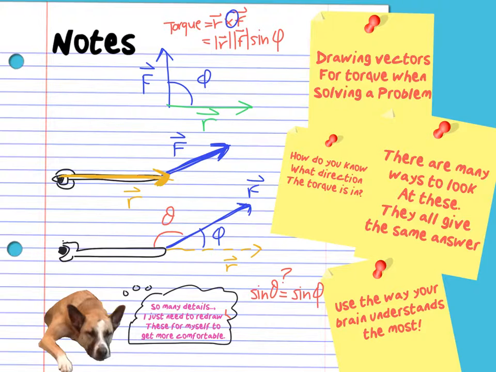When you did work, you did F dot D, and that little dot means scalar multiplication. So work was not a vector, but torque is a vector. For a vector product or cross product, you are going to get a vector.